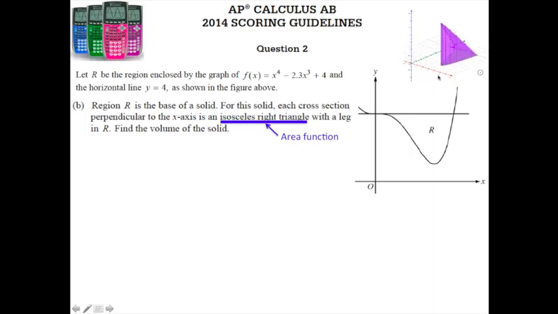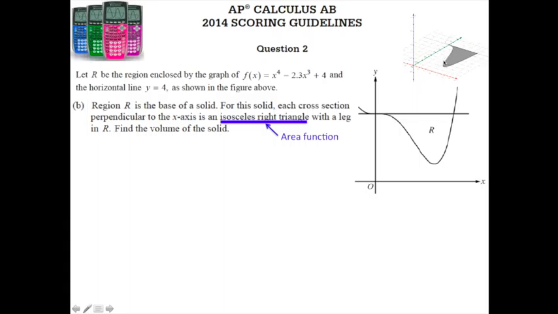And so you can kind of see what that ends up being. We end up having a shape that's sloped on one side because of the hypotenuse, and it's vertical on the other 2 sides because of the legs. And so there's your isosceles right triangle.